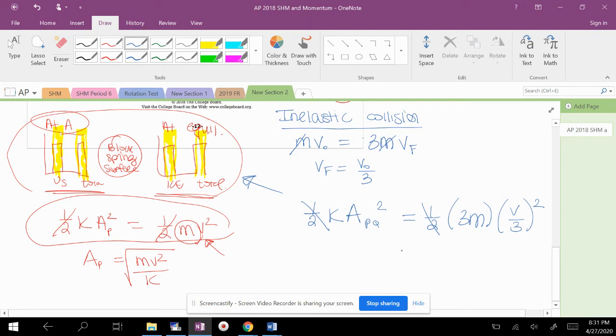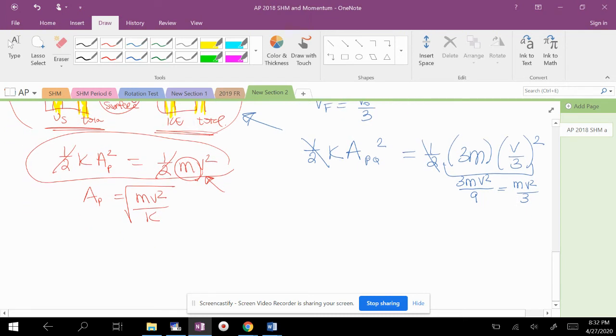I'm going to solve for my amplitude. So I'm going to actually simplify this because I don't want us to get messed up here. This is 3m v squared over 9, which I can simplify to mv squared over 3. Okay, that's what this equals.